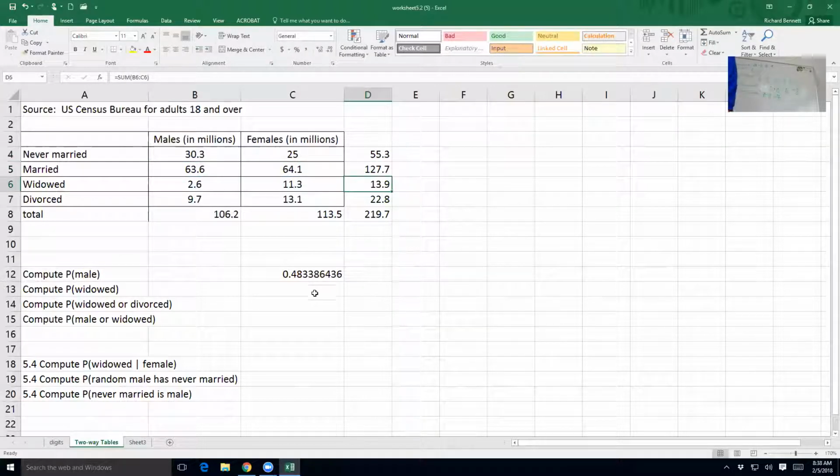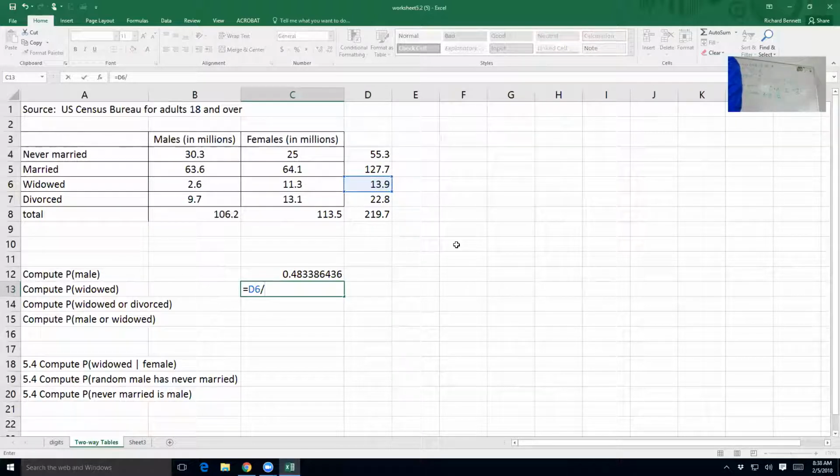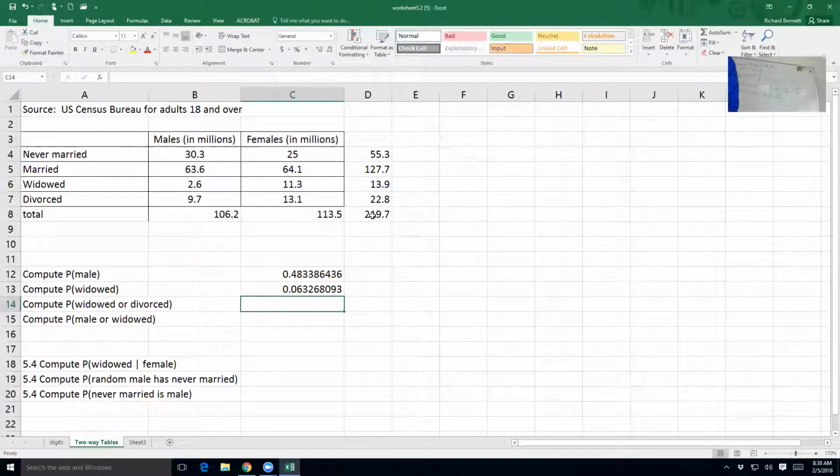So the probability somebody is widowed is... where are you seeing that? The widowed, I've got 13.9. Are you seeing something different? Okay, so 13.9 divided by 219.7. So about 6% of people are widowed.